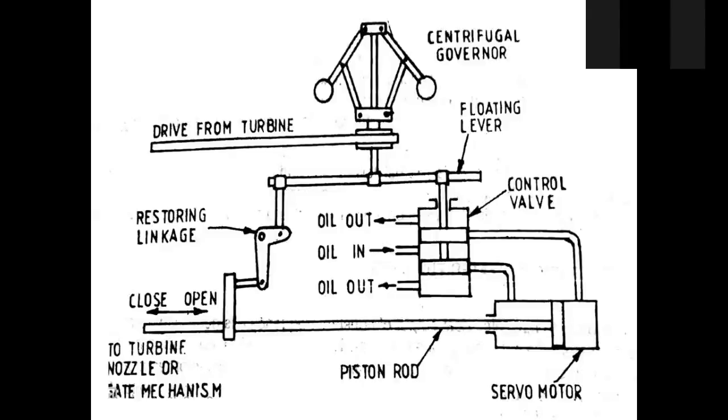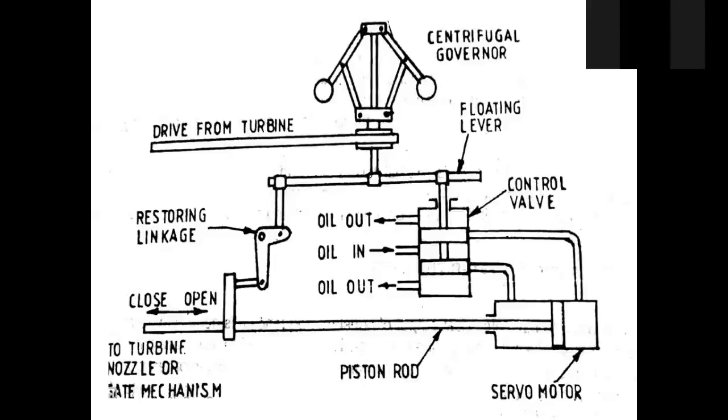Now, when this piston closes the nozzle, there is a fourth mechanism, the restoring linkage. So when the piston moves left, the restoring linkage will pull down the floating lever. That is the original point.